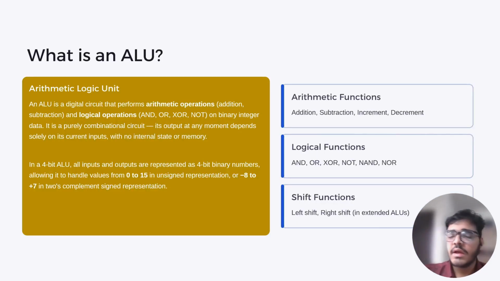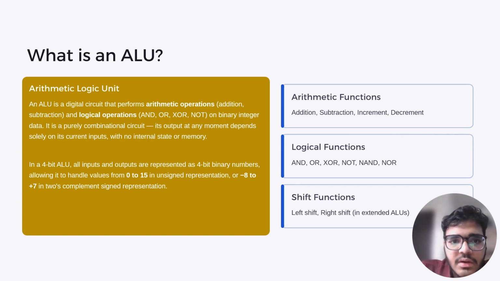Next, an ALU is a digital circuit that performs both arithmetic and logical operations. Arithmetic operations include addition and subtraction, while logical operations include AND or XOR on binary integer data. It is a combinational circuit, meaning that its output depends on present input and not on past values.